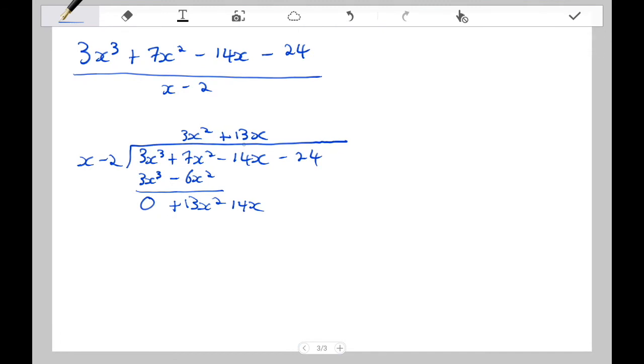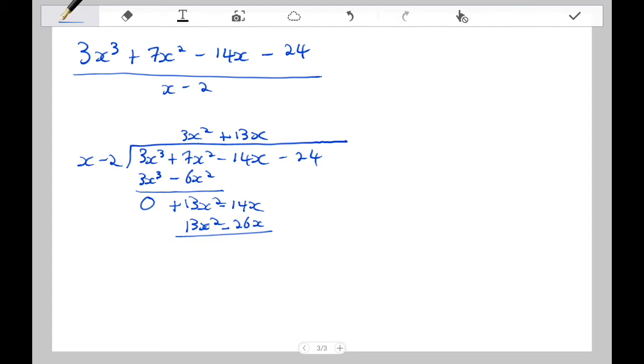And then we do the same as before, and we say, right, we need to times this 13x by everything over here on the left-hand side. So what's 13x times x? Well, that's 13x squared. What's 13x times minus 2? It's minus 26x. Lost our minus up there. Okay, and then we draw a line, and we take the bottom away from the top again.